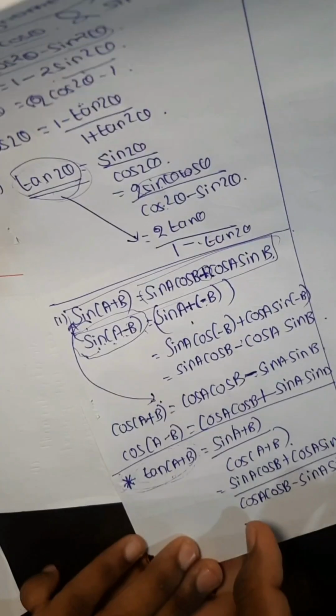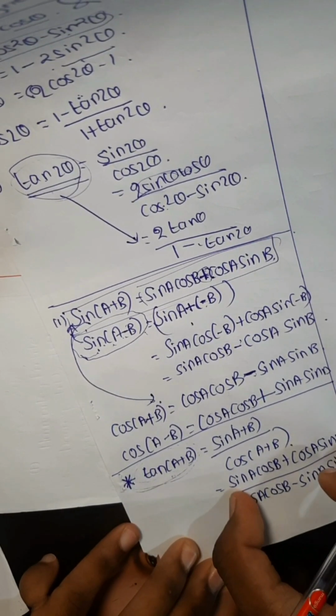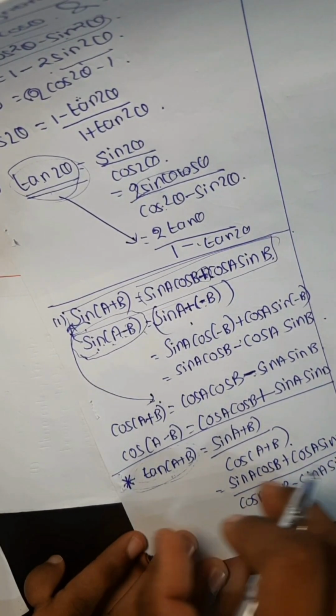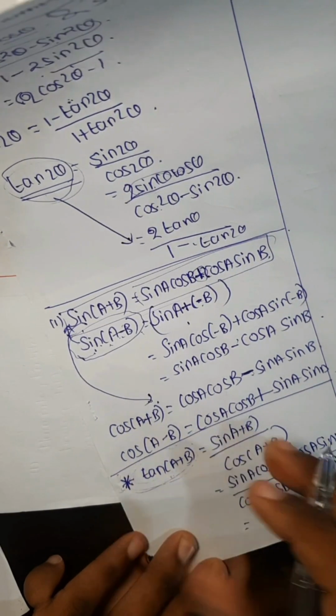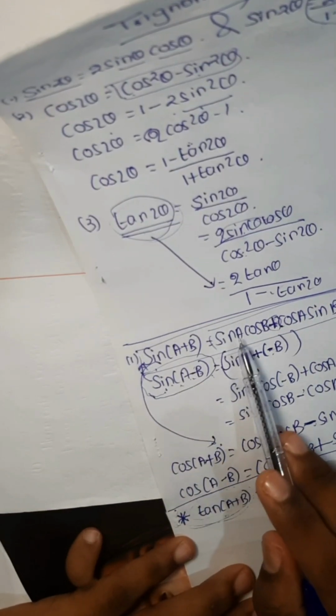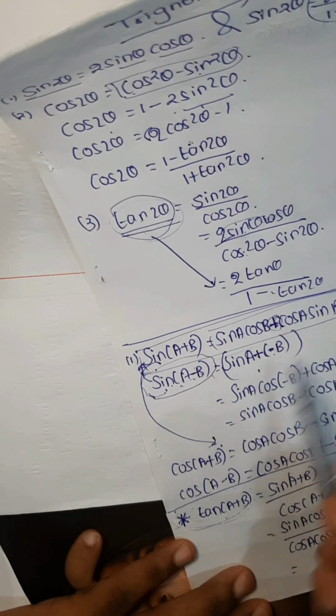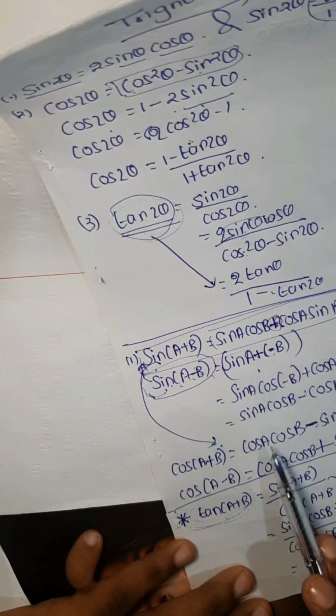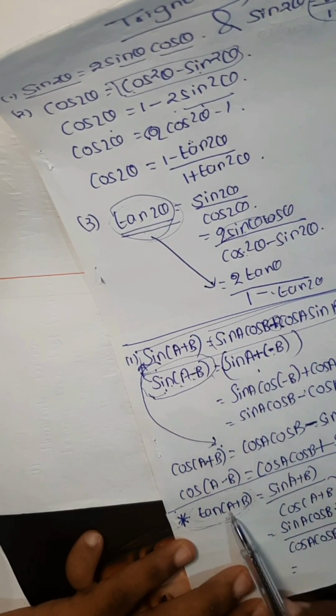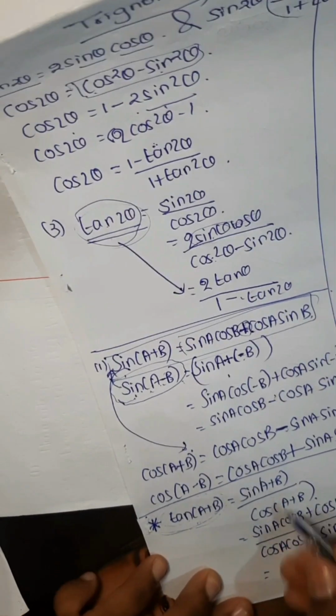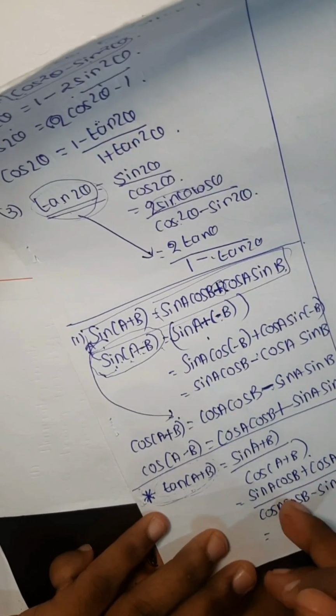Therefore, I would like to simplify this form in terms of tan. Because sin A plus B is in terms of sin and cos, we need tan in terms of tan.